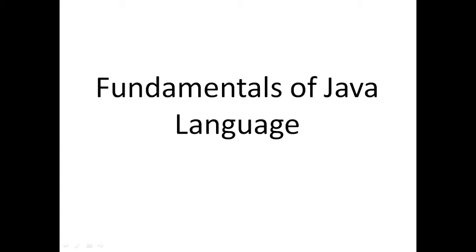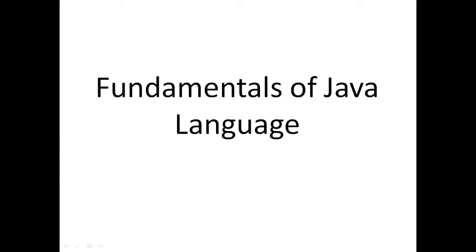BlueJ is the environment or platform or application which is used to write, compile and execute the Java program. In the previous video, I have already shown you how to write the Java program in the BlueJ environment.